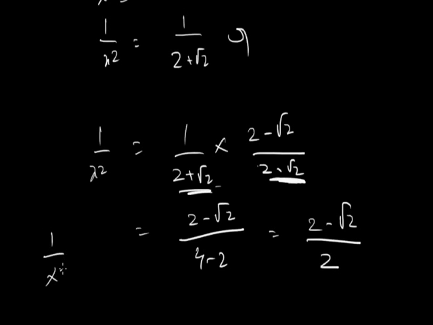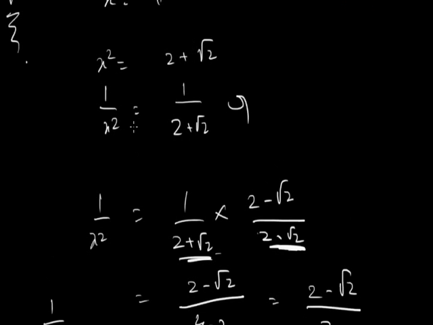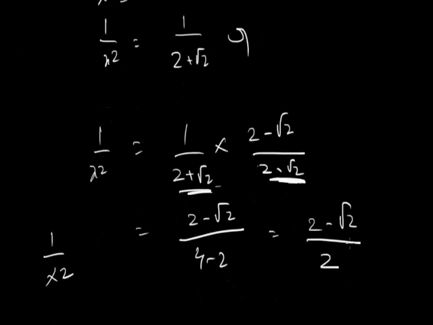This is 1 upon x square, right? Now we got the value of x square, that is 2 plus root 2, and the value of 1 upon x square, that is 2 minus root 2 upon 2.